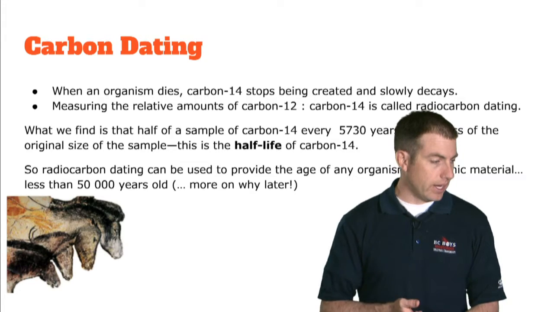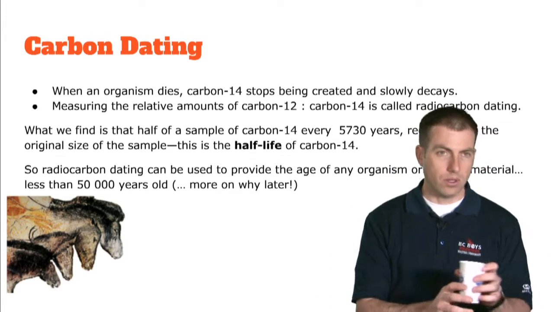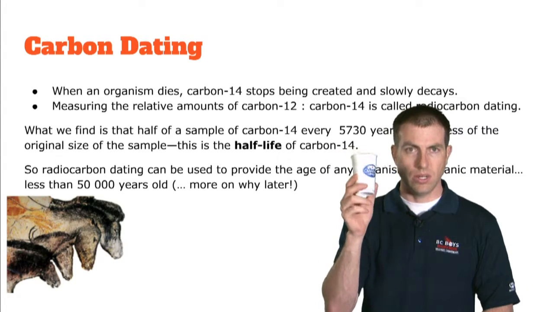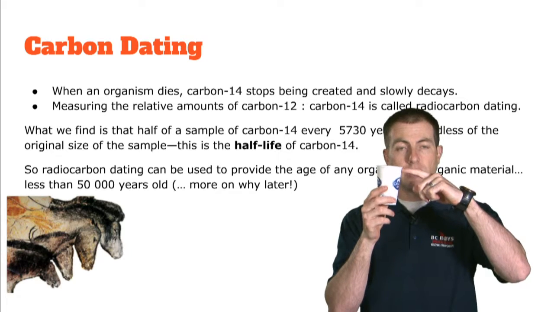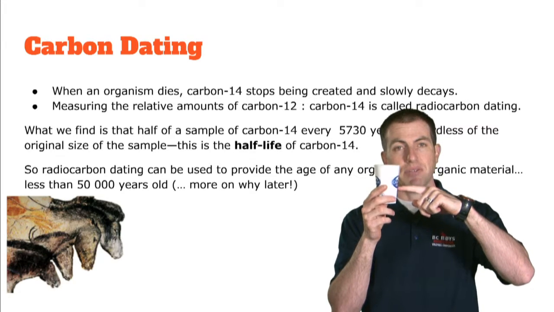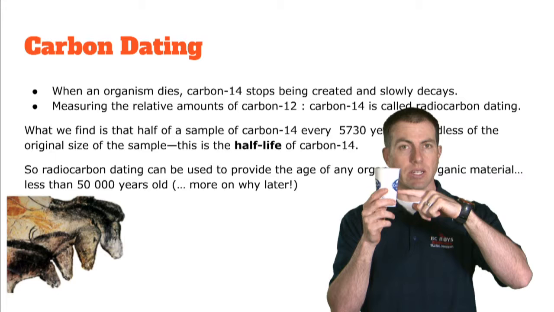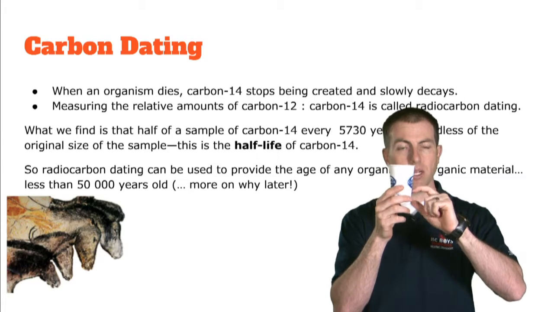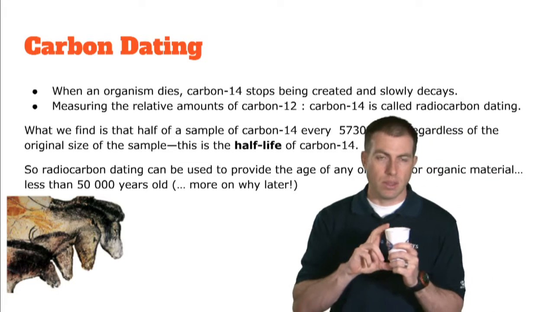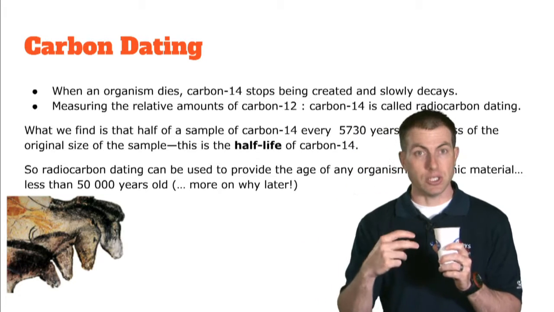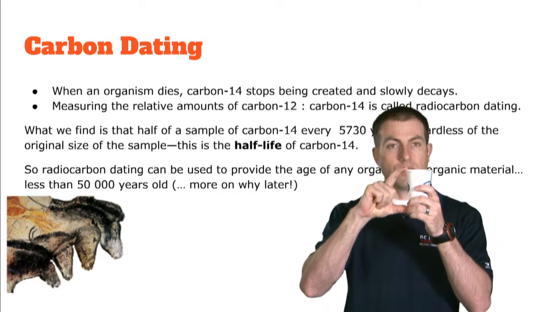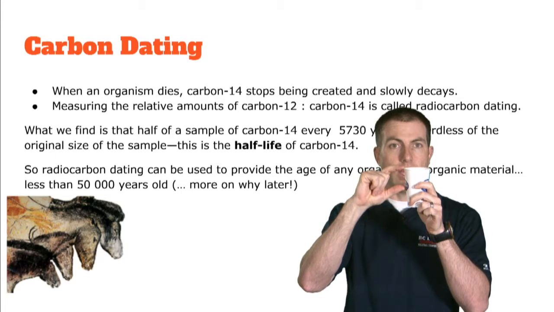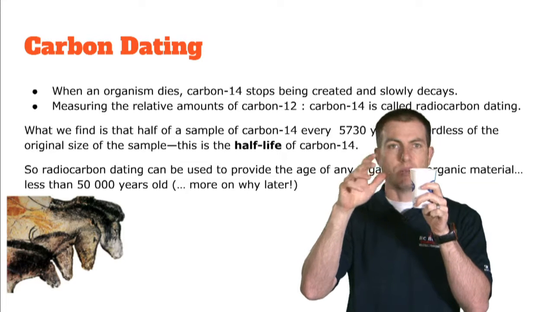That means if I had a cup full of carbon-14, all the way to the top, after 5,730 years, half of it would have decayed into nitrogen-14. So I'd have a cup that had some nitrogen, and some carbon. It's really important to think about this in terms of something changing. When I have this full cup of carbon-14, after 5,730 years, half of it is, sometimes we say it's just gone.